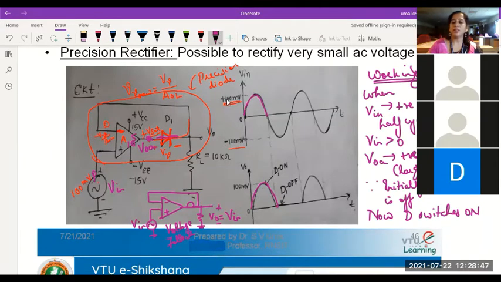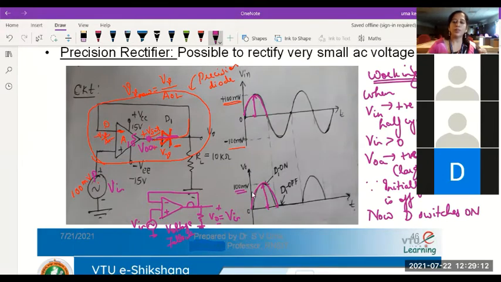You can observe clearly that if the input voltage has a peak value of 100 millivolts, the output will also have a peak value of 100. It won't be less, for the simple reason that as soon as the input goes above 0, the diode conducts, the feedback loop is closed, and the circuit works like a voltage follower.